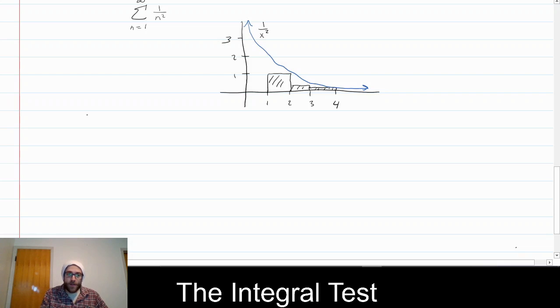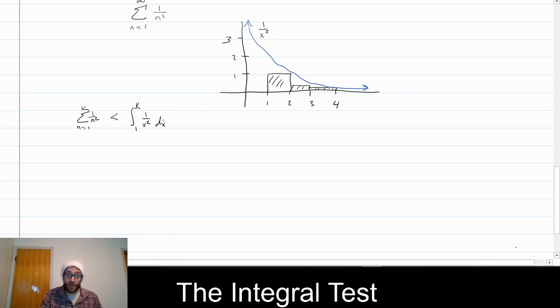So if we look at the sum of 1 over n squared from, say, n equals 1 to k, that's actually going to be less than the integral from 1 to k of 1 over x squared dx.